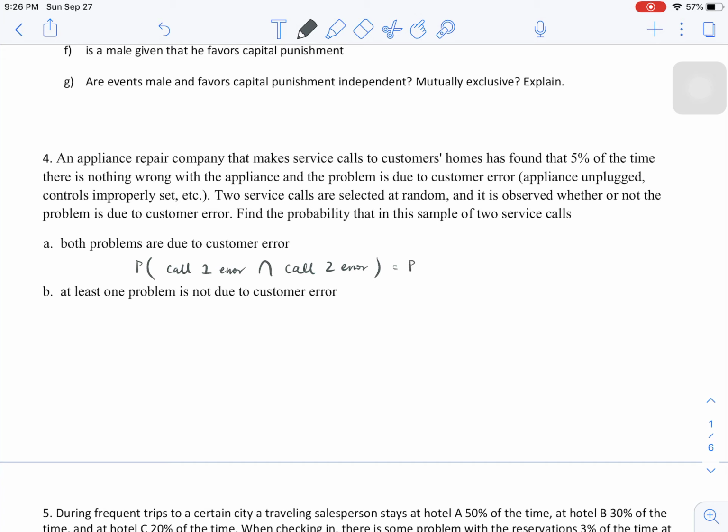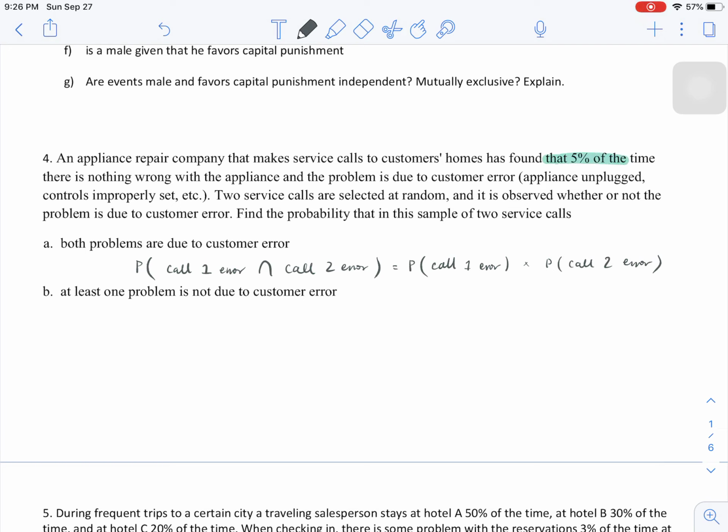And so then this is equal to, if 2 events are independent, the probability of their intersection is just equal to the probability of the first event times the probability of the second event. And well, on any service call, the probability that it's due to customer error is 5%.